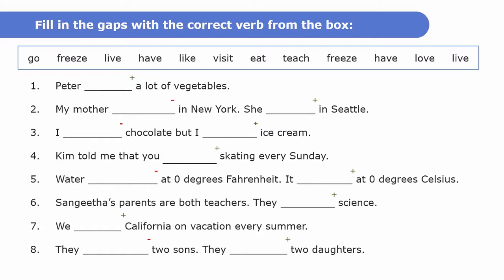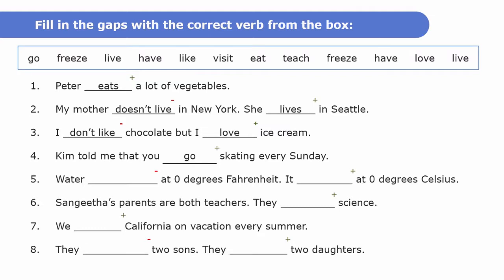Number 1, Peter eats a lot of vegetables. Number 2, my mother doesn't live in New York, she lives in Seattle. Number 3, I don't like chocolate, but I love ice cream. Number 4, Kim told me that you go skating every Sunday.